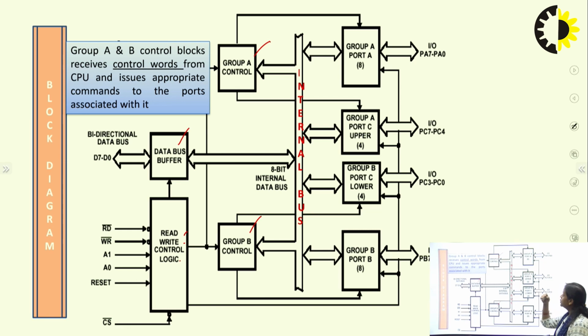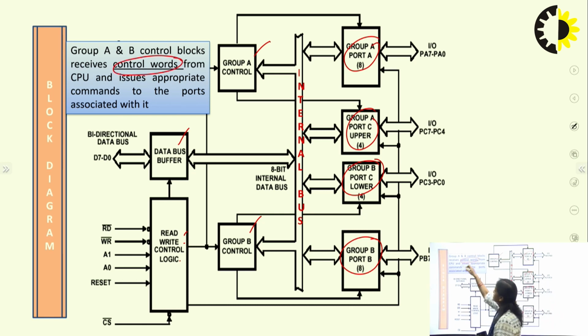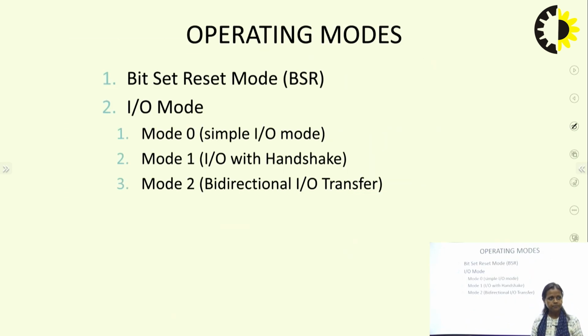With group A, port A and port C upper are connected, and with group B, the lower C part and port B are connected. So, according to the command word received from the CPU, they generate the control signals to all these groups, and here these are the bidirectional input output pins, and accordingly these pins will work.